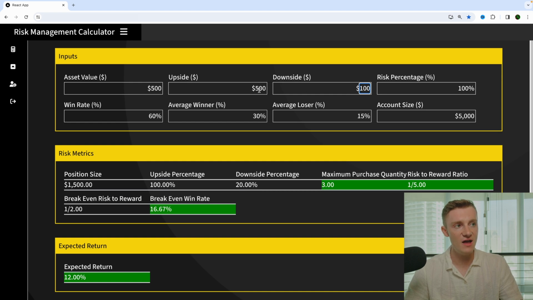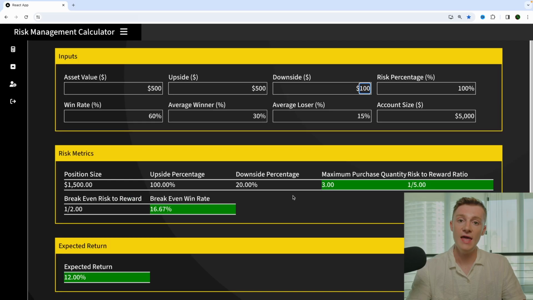Risking 100 to make 500. Well, you can see now our break-even win rate is only 16.67%. You understand the correlation between the risk to reward and the break-even win rate. What win rate do we have to achieve based off of the risk to reward that we're trading to break even? Makes sense.